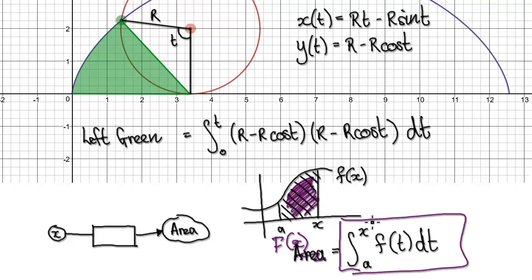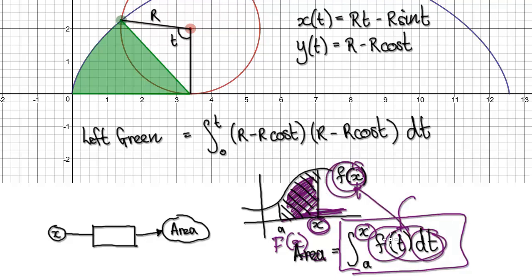This x can slide back and forth, but then this x here would clash with this x here. The way we got around this was by calling the function f of t and doing it with respect to t. The function stays the same. It's just that we want to use x to represent what we put into the function.